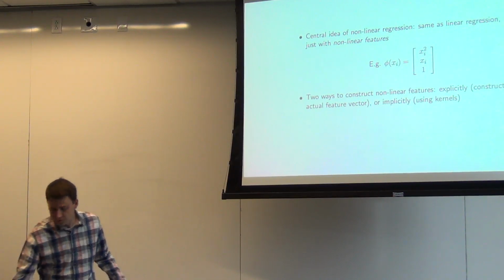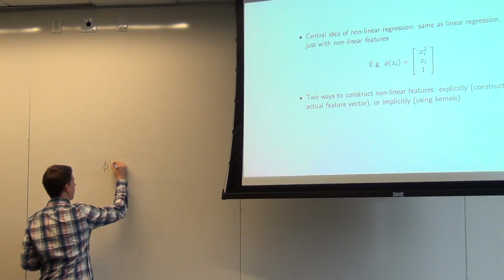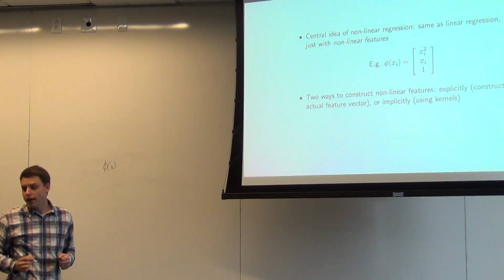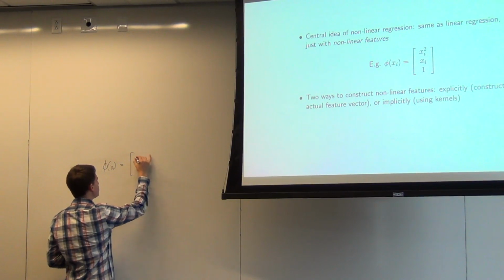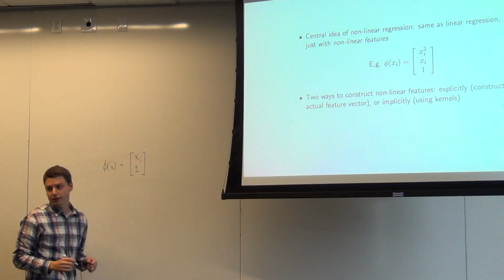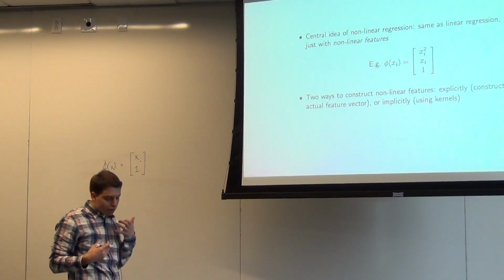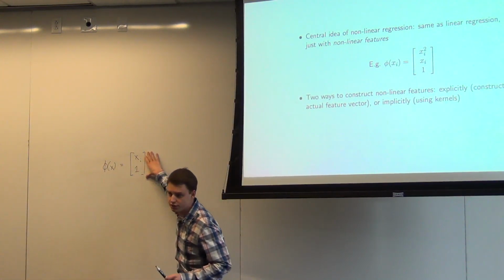So remember, we have this feature vector, phi of x, right? And this thing we chose before, for example, when x is one-dimensional, we just chose x_i and 1 as our feature vector. What that was really saying is that our features just describe linear functions of the data.